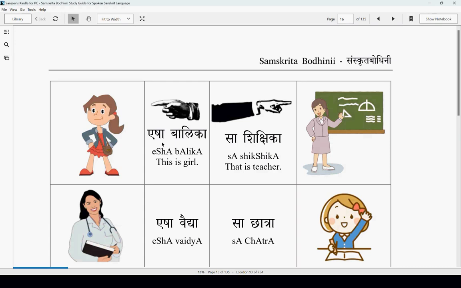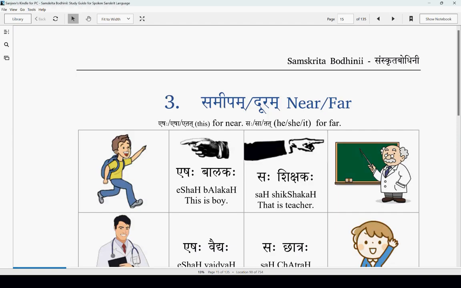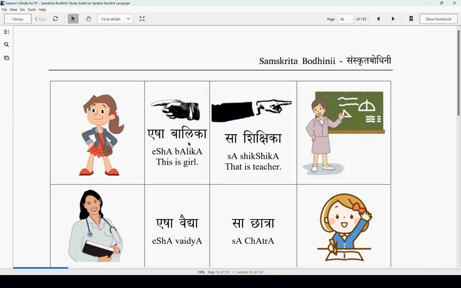in Sanskritam has to be in the same gender as the noun it is qualifying. In the previous examples, esha balaka asti, sah shikshaka asti, etc. Balaka, shikshaka, what is the lingam of those? Those are all pullinga words. So eshaha, saha, they are also pullinga words. Whereas here balika, shikshika, these are strilinga words.